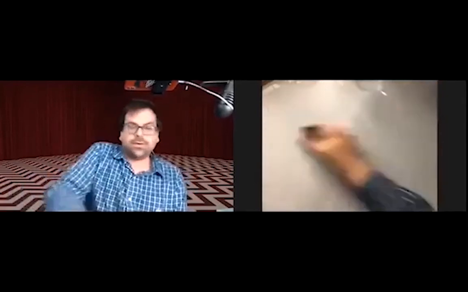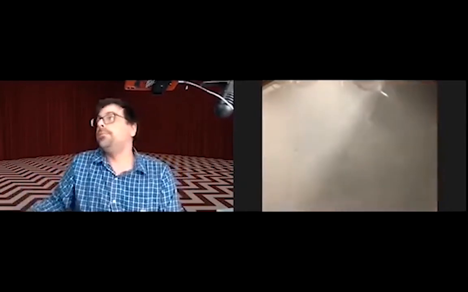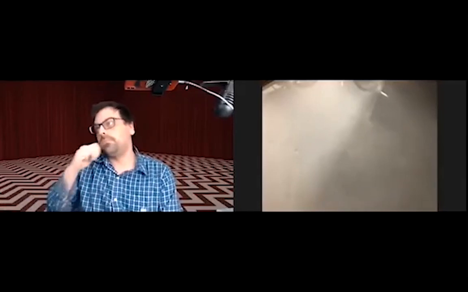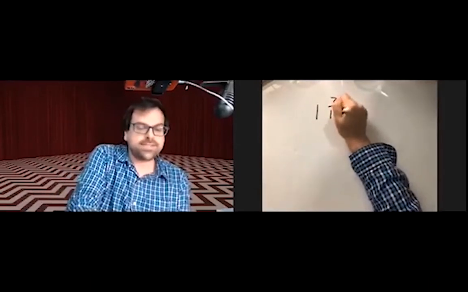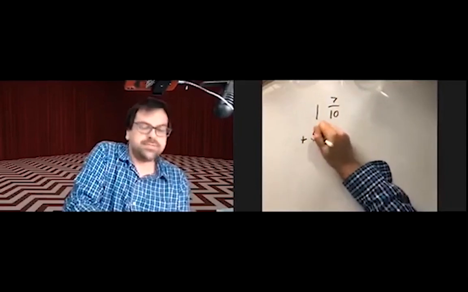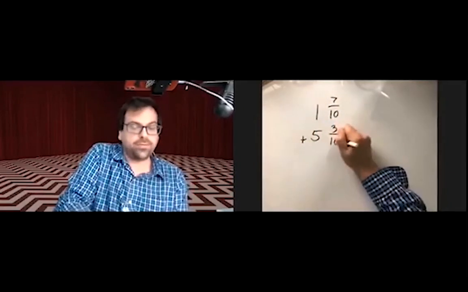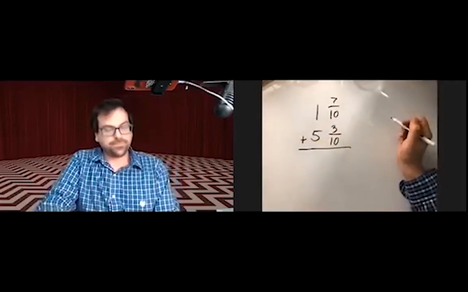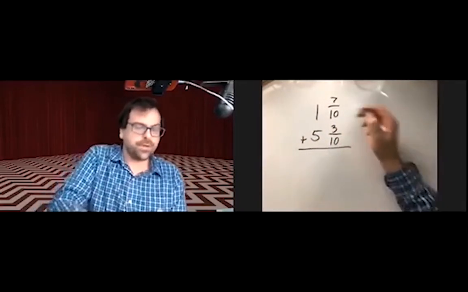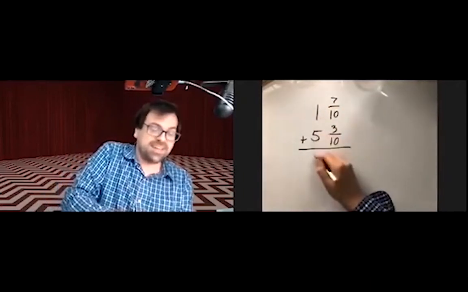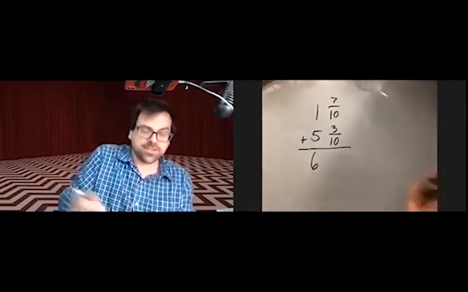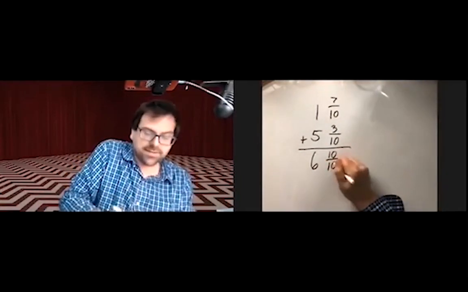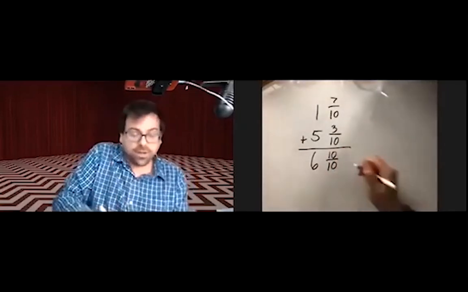Let's do another. Let's look at 1 7/10 plus 5 3/10. 1 plus 5 is 6. And since these are both already tenths, 7/10 plus 3/10 would be 10/10. 10/10, not a proper fraction.